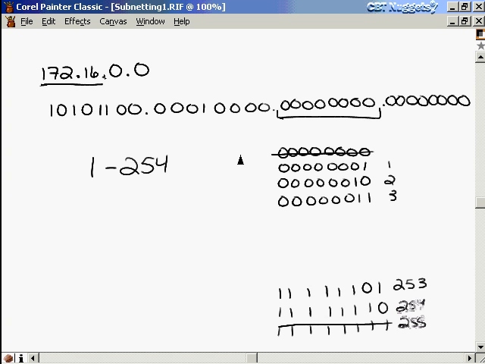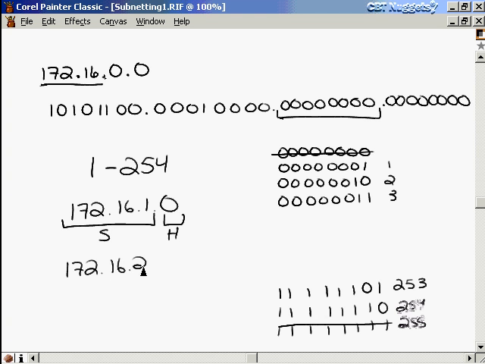Now let's look at some examples of subnets that we might have. 172.16.1.0, where these first 3 octets are the subnet portion, and the last octet would be considered the host portion. Another example, 172.16.2.0. Again, these 3 octets set aside for subnet, and here we would have the host. Within the host, we have this 4th octet that we're dealing with.